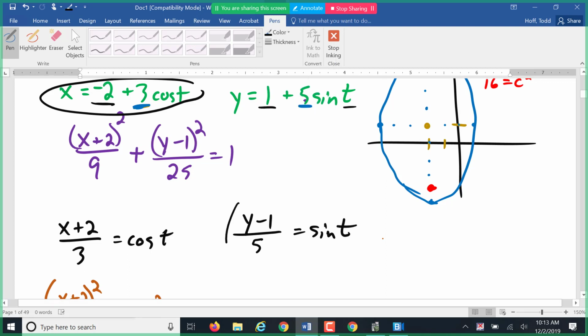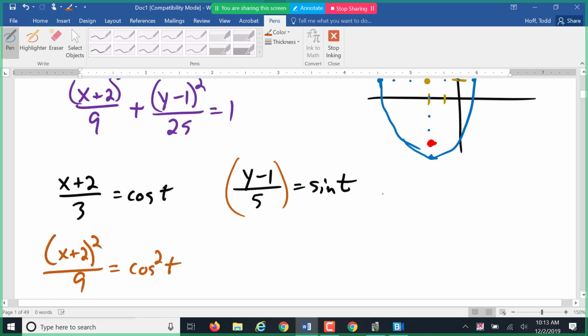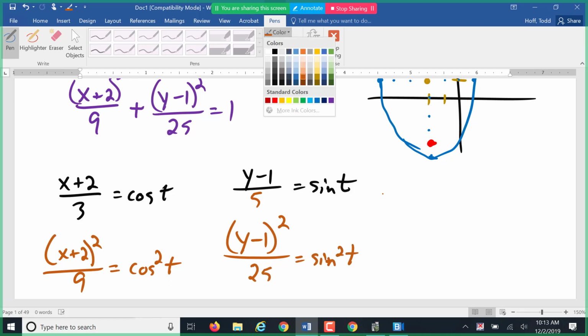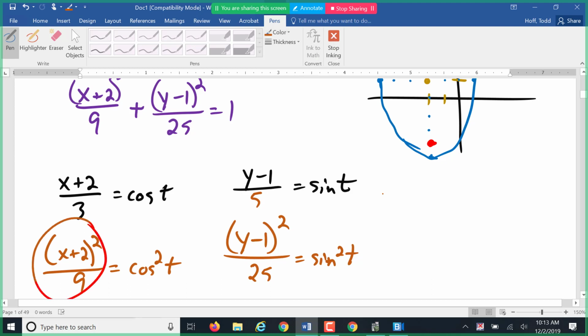Squaring that, I will get y minus 1 squared over 5 squared is 25 equals sine squared of t. And you can see right there, I'm going to substitute this in as cosine, this in as sine. Cosine squared plus sine squared equals 1. There is my elliptical equation.